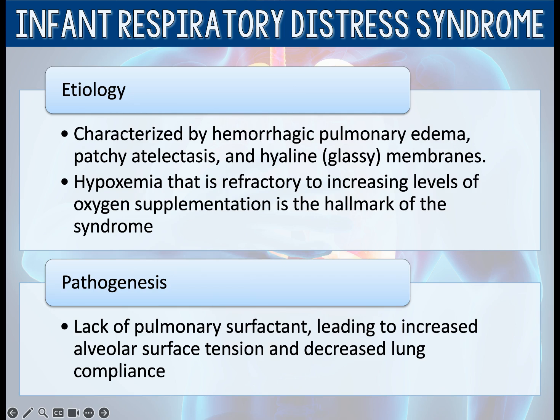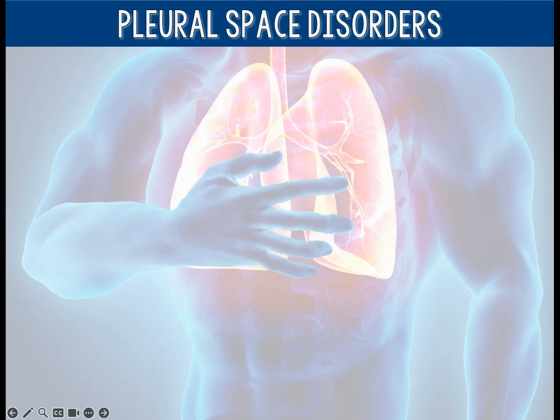What you see are hemorrhagic pulmonary edema, patchy atelectasis, and that ground glass appearance on chest x-ray. It will also have refractory hypoxemia, just like in adult respiratory distress syndrome.